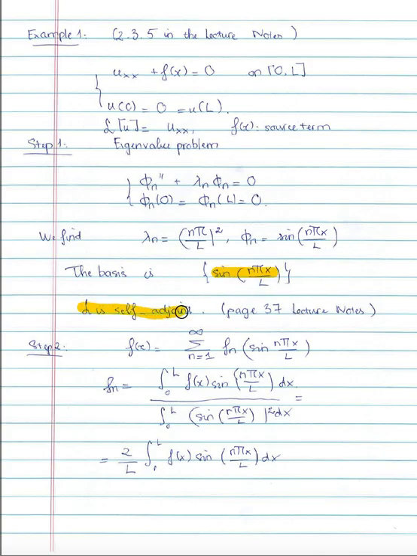We can check that this operator L is self-adjoint. So you can expand f in terms of fn times sine of n pi x over L. Fn can be computed by dividing the inner product of f and sine by the inner product of sine and sine. And after you do the computation, you get this formula.